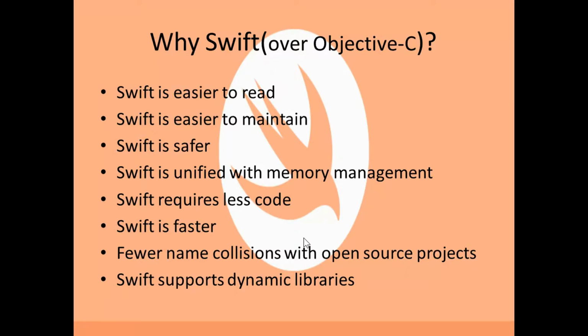Now the fourth point is Swift is unified with memory management. Swift unifies the language in a way that Objective-C never has. The support for automatic reference counting, that is ARC, is complete across the procedural and object-oriented code paths. In Objective-C, ARC is supported with Cocoa API and object-oriented code.